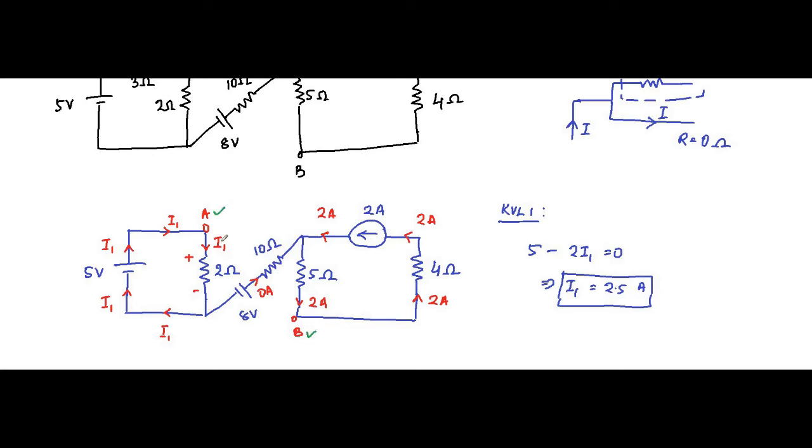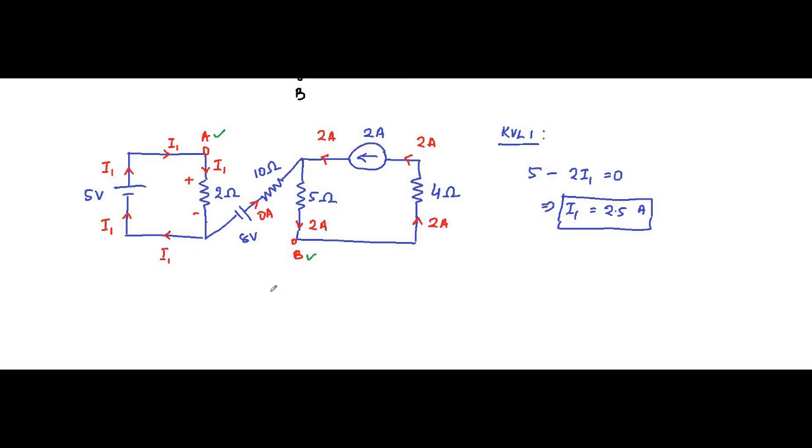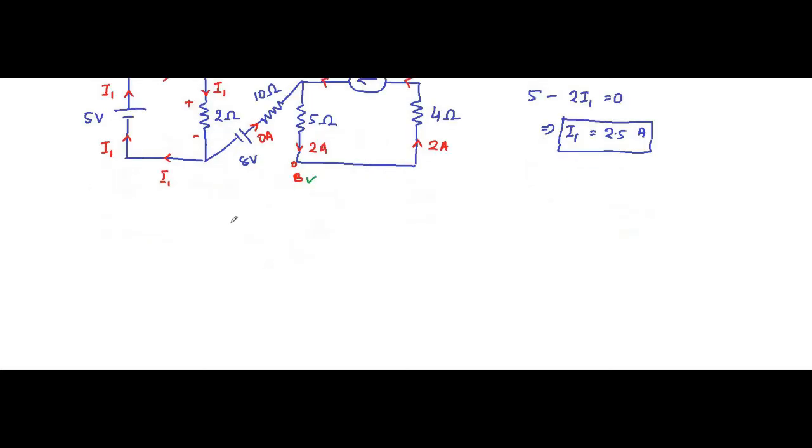So how will we apply it? Like this. Here it is point A, plus minus, this is 2 ohm, and I1 is equal to 2.5 ampere.